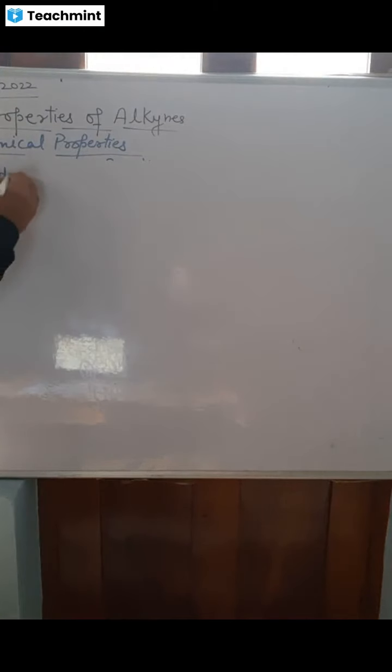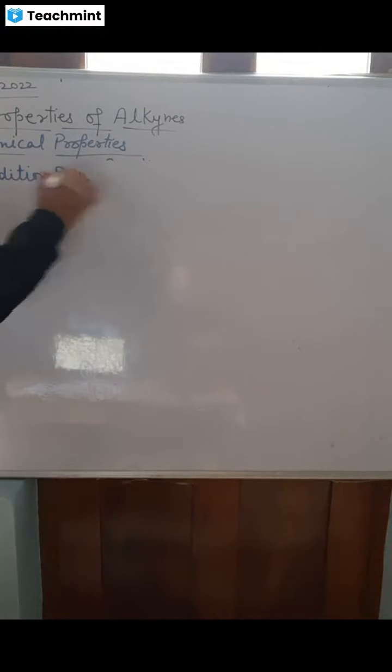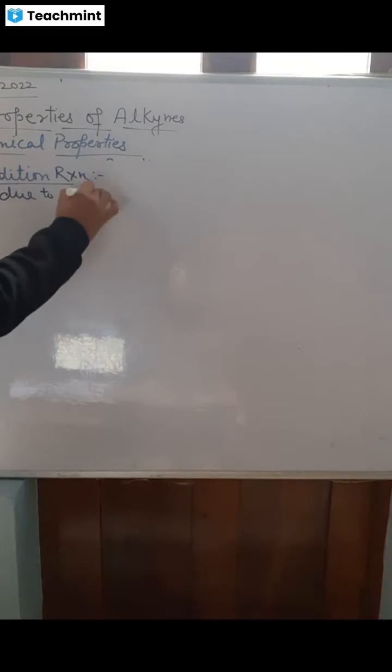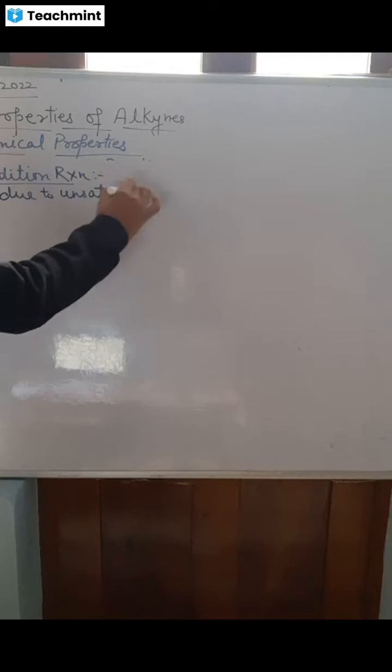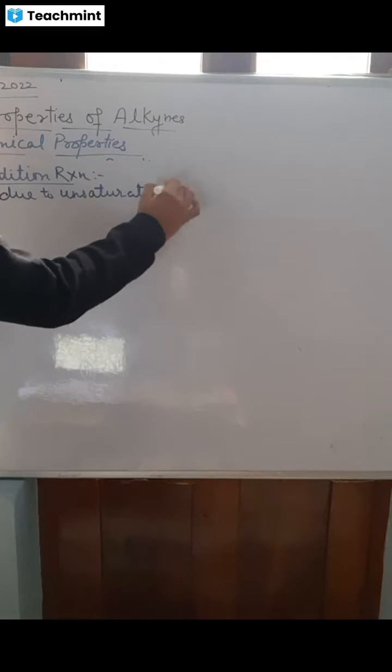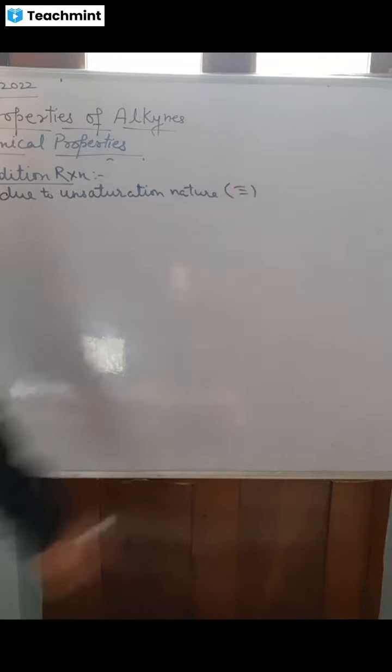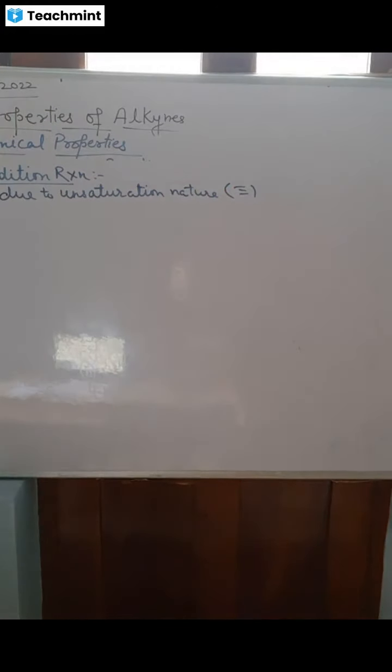Due to the unsaturated nature, that is, due to the presence of the triple bond, it can also show what? Addition reaction. Okay. Nature, as it has a triple bond. I am writing the short triple bond here. It has the triple bond, so it can easily go for the addition reaction.